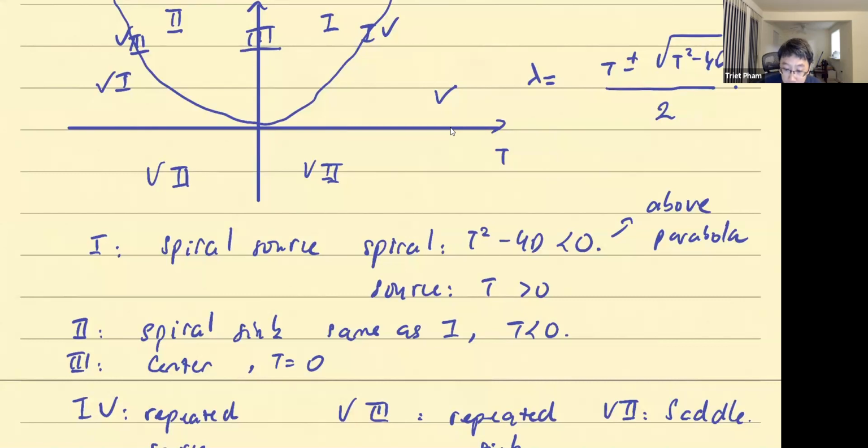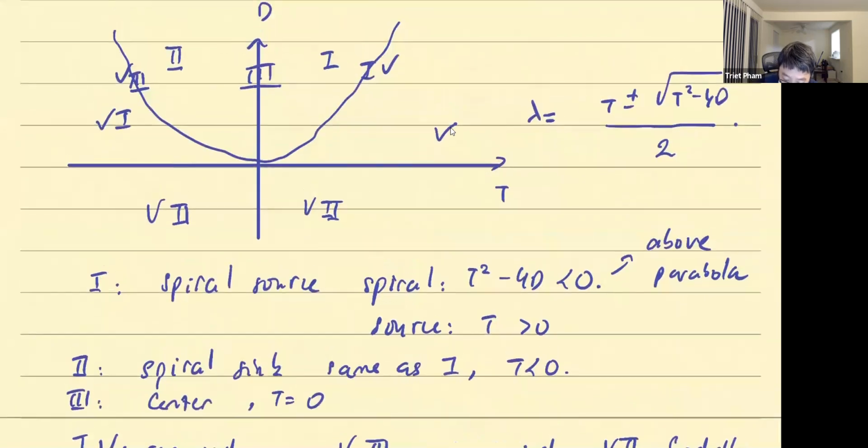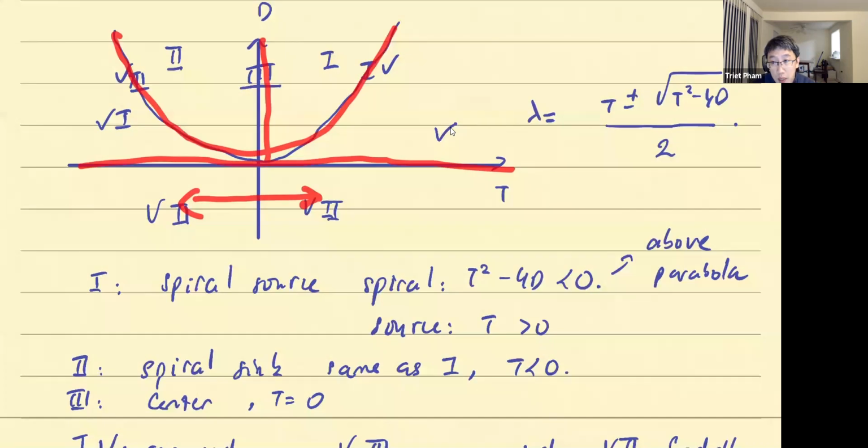Also pay attention. Well, I'll get back later. But maybe let me clarify like this. The important boundaries are this parabola, and only this part. If you cross from here to here, it's saddle to saddle, so nothing changes.